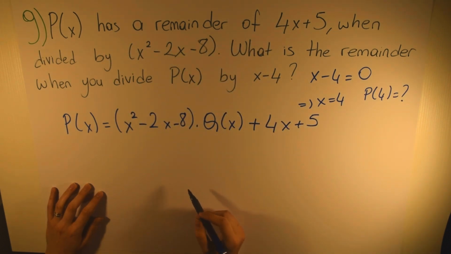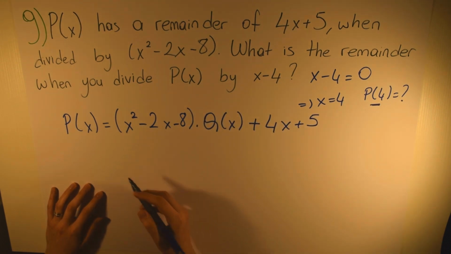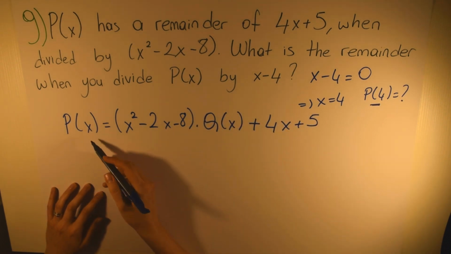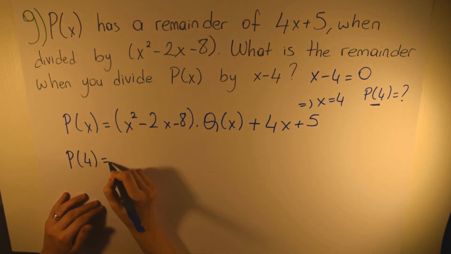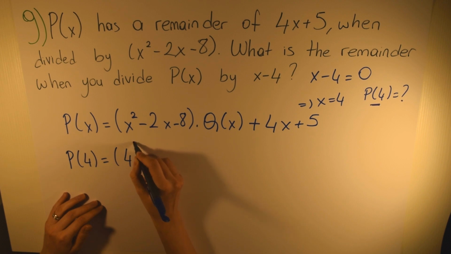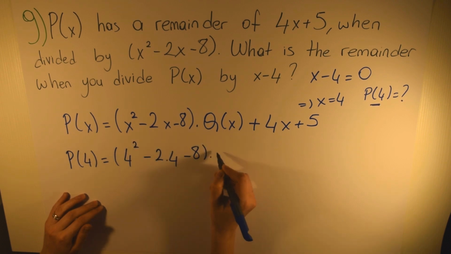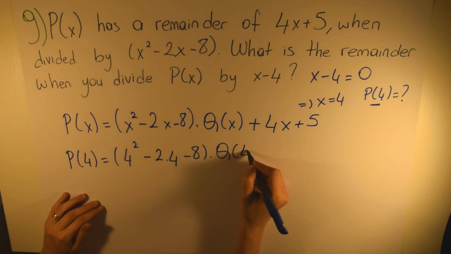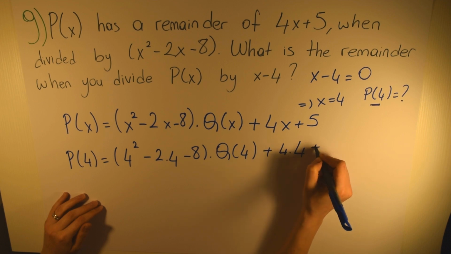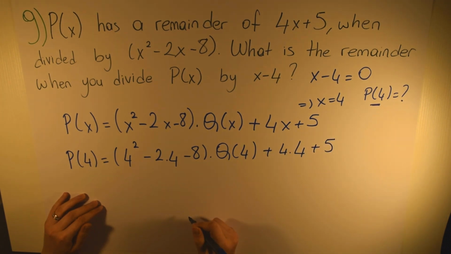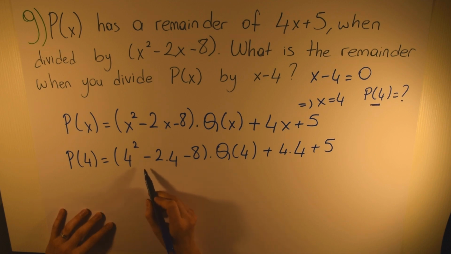Now I have to find P(4). Let's see what we get when we write 4 instead of x here. So P(4) is equal to (4 squared minus 2 times 4 minus 8) times our quotient Q(4), plus 4 times 4 plus 5. Let's calculate this.